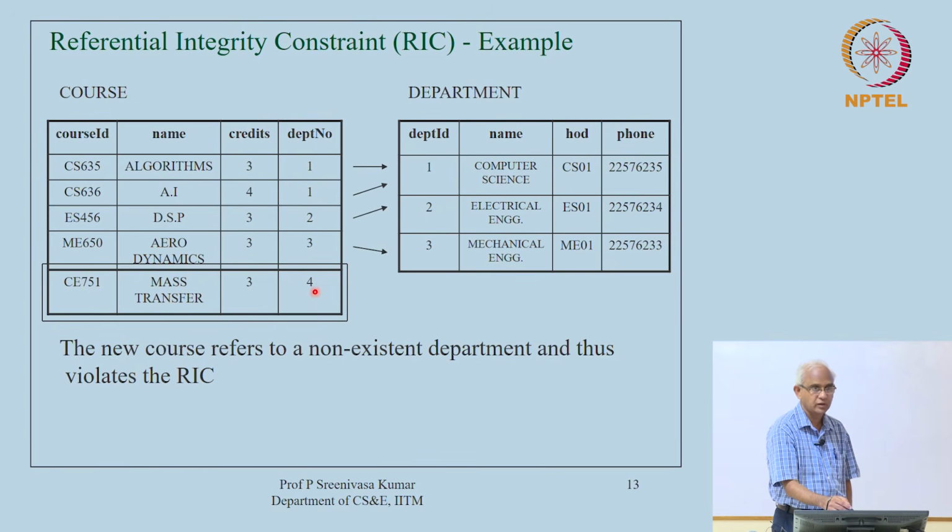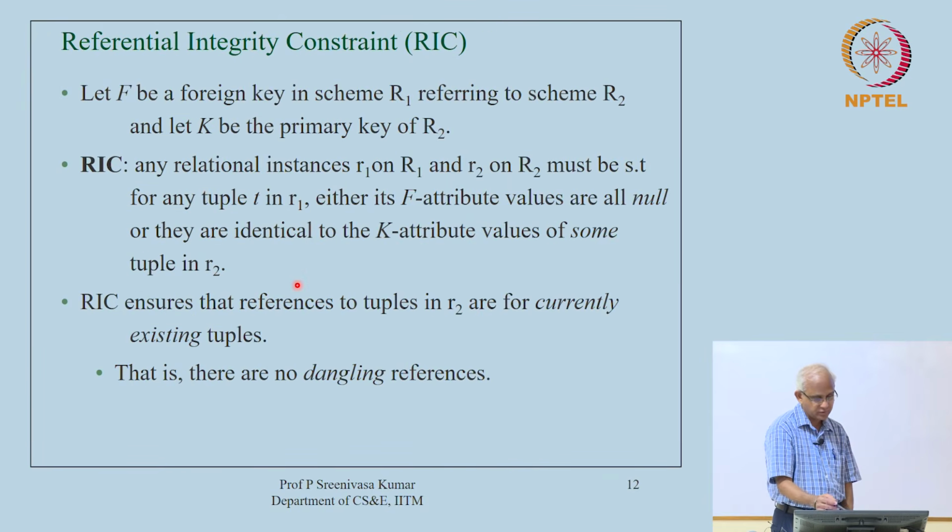But if you enter 4 and 4 does not exist, then it is a problem. That is why in the definition we say that either the F attribute values are all null or they are identical to the K attribute values of some tuple in R2, to make sure there are no references to non-existing tuples. That is what referential integrity constraints are about.